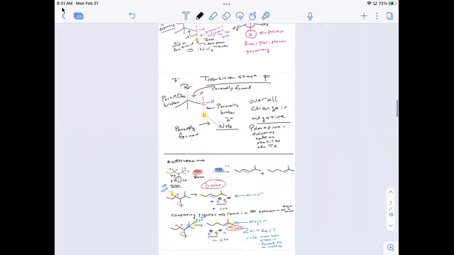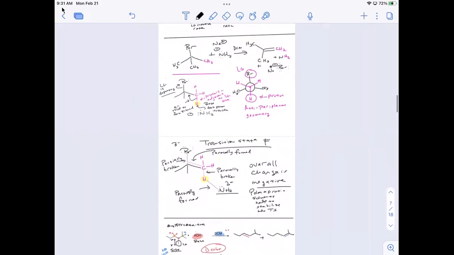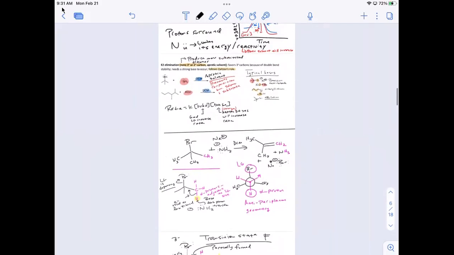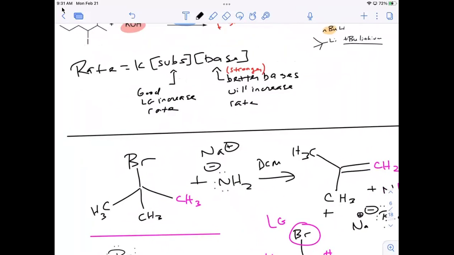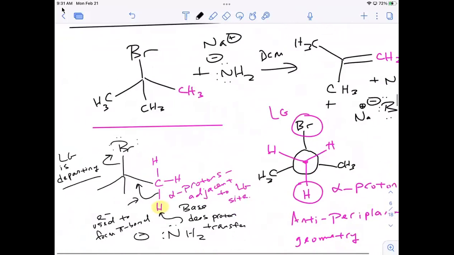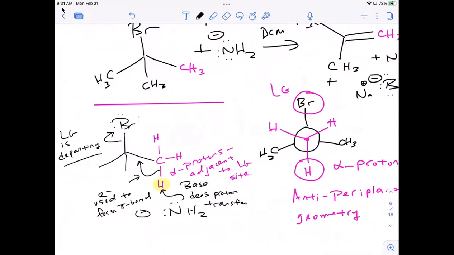The base is included in the rate law because it affects the overall rate, right? Yes, because it's a concerted reaction. The base is pulling off the alpha proton at the same time that the leaving group leaves, and that's what's forcing the leaving group to leave. So it all happens simultaneously.